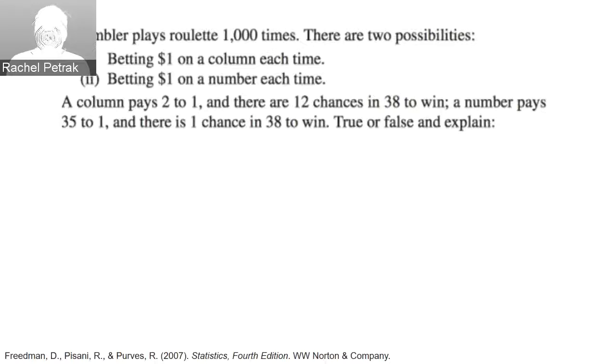Now, to get this, we have to remember that a column pays 2 to 1, and there are 12 chances in 38 to win. A number pays 35 to 1, and there's a 1 in 38 chance to win.